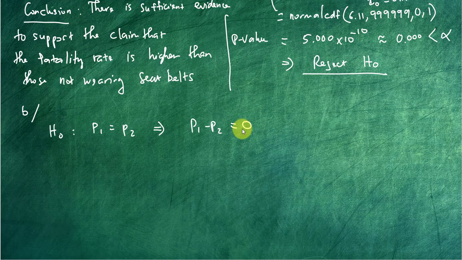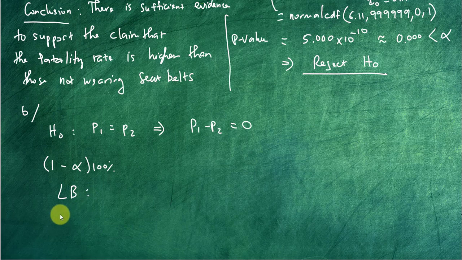Okay, so now we can perform the construction of the confidence interval, and we know that we have the level of 1 minus alpha, 100% confidence interval for P1 minus P2, and we are given the lower bound and the upper bound as below.